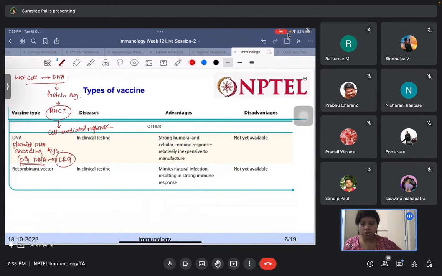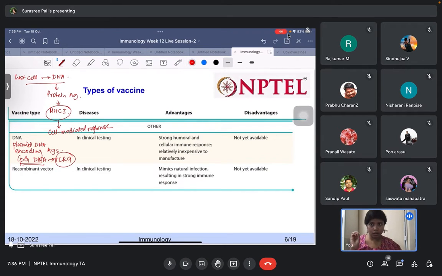The advantage of this DNA vaccine is that the encoded protein is expressed in the host in its natural form, with no modification and no inactivation. So the immune system is directed against the antigen exactly as expressed by the pathogen, unlike for inactivated vaccines or the toxoids.